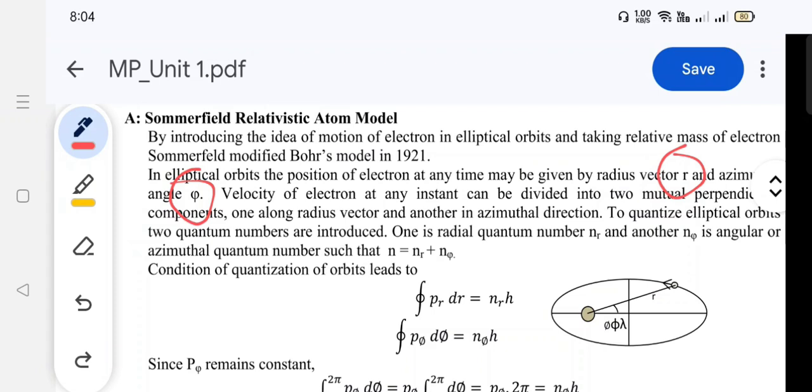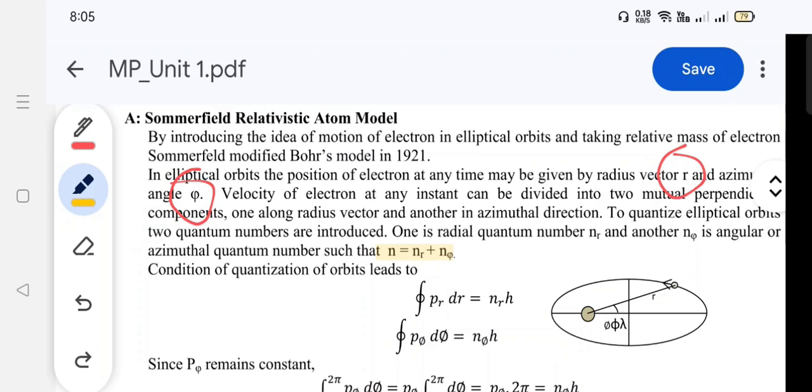Similarly, to quantize the elliptical orbits, we require two quantum numbers: the radial quantum number nr and the azimuthal quantum number n phi. The principal quantum number n is given as the sum of nr and n phi. Now, to quantize the orbits, we know that angular momentum is an integral multiple of h by 2 pi.